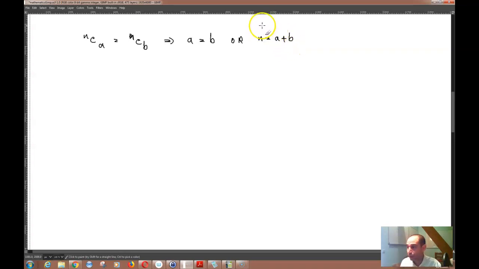Because over here A is going to be equal to N minus B, and so N is going to be equal to A plus B.